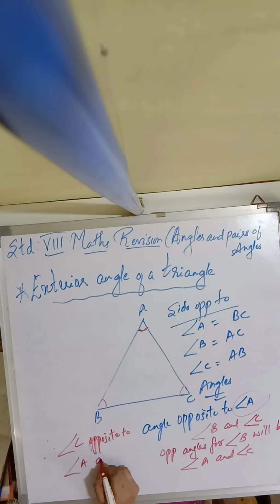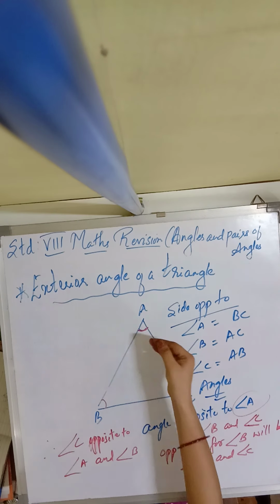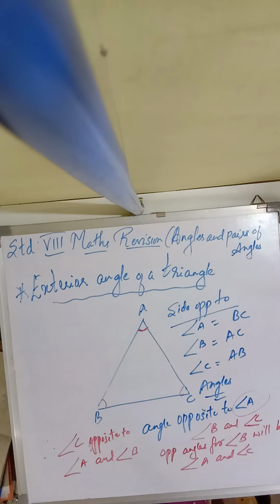Angle A and angle B. So you have understood which side is opposite and which angles are opposite, considering one vertex or one angle.